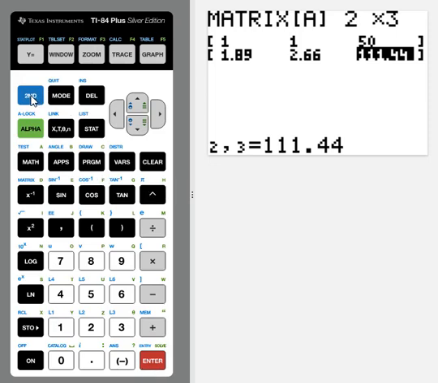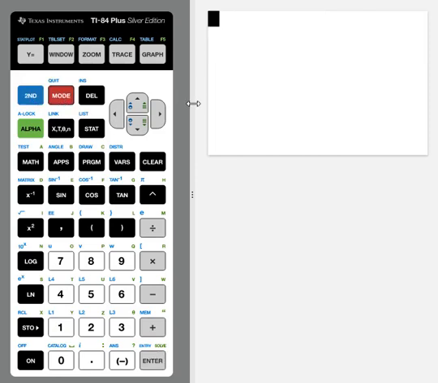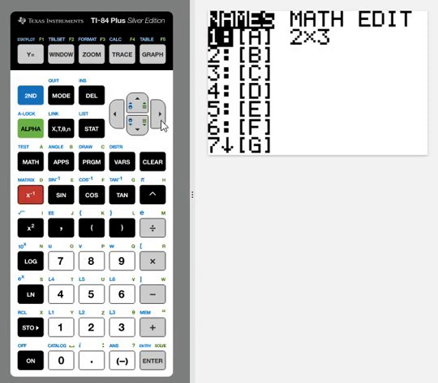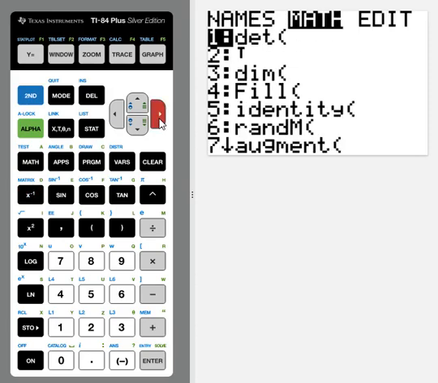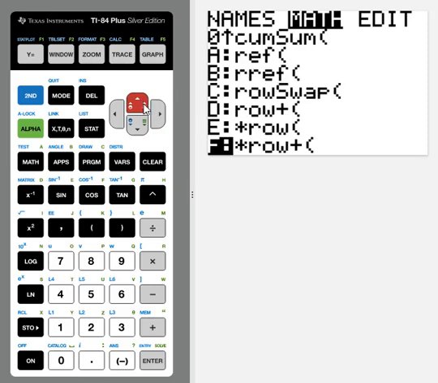The next step is quit. When you use a matrix to solve a system of equations, remember second mode, we have to use it a lot. Then we go back into matrix again. We go to math. That means we need to do some calculation with this matrix. Still using this upper arrow, we need RREF.